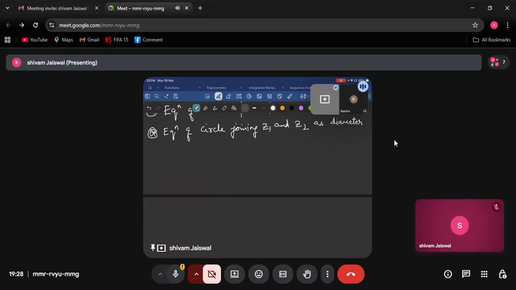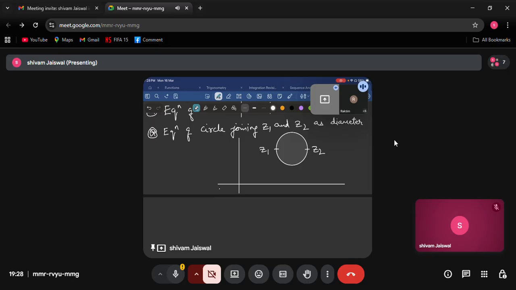Okay, let us draw the diagram. You'll understand. Let us consider this circle, where z1 and z2 are the diametric ends. Let us call this one z1 and this one z2.